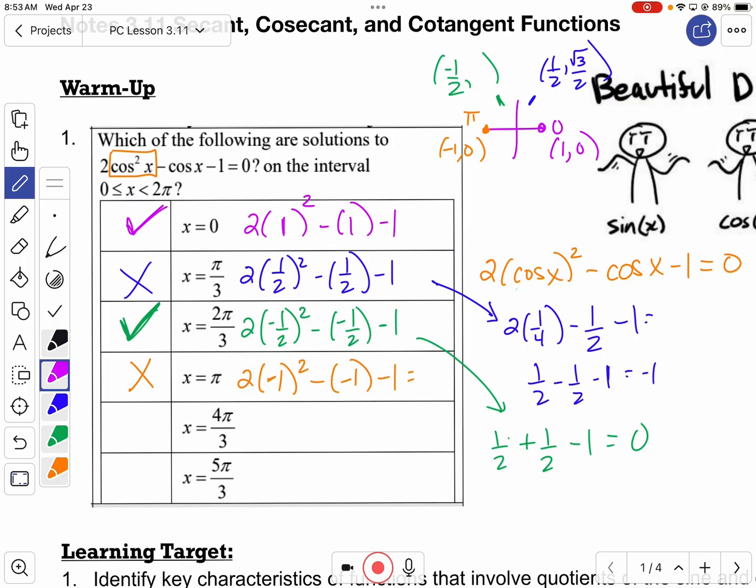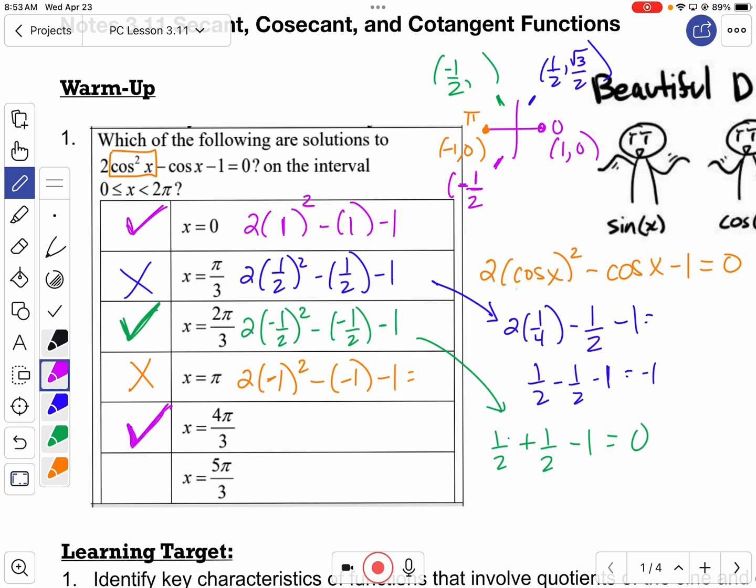So now this is where I think it's interesting because we can follow some patterns, all right? What's our cosine going to be down here at 4 pi over 3? It would be negative 1/2, right? So if it worked when I used negative 1/2 up here, guess what? It works again, all right? So that one's going to work.